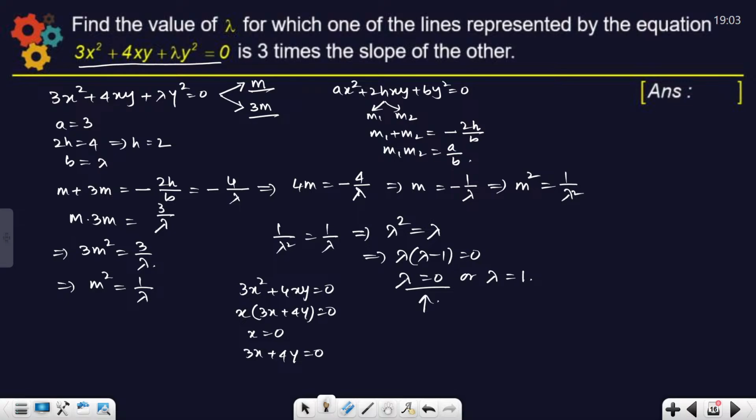So in that case, lambda equals 0 is not going to satisfy this equation. Is it clear or not? So lambda equals 1 is the correct answer. Is this clear to all? So this is how we find out the value of lambda for this kind of problem.